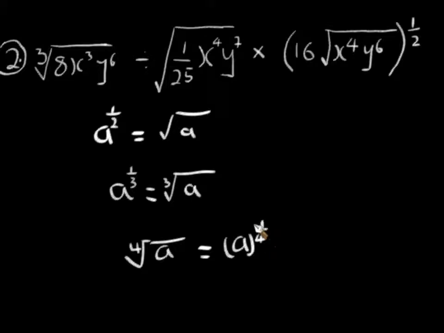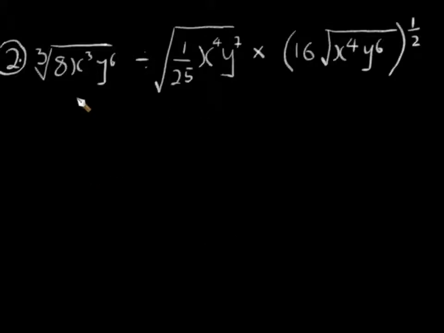However you want to do it. Now, this is what we're going to be doing in this question. We're going to be converting these square roots and cube roots, as the case may be, to powers. Let me take this off the screen and let's continue with our question.